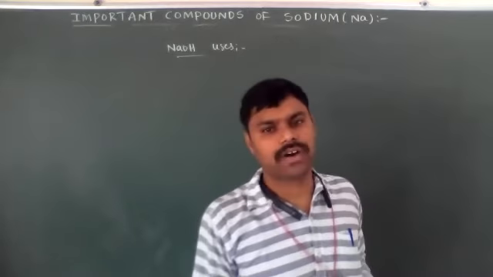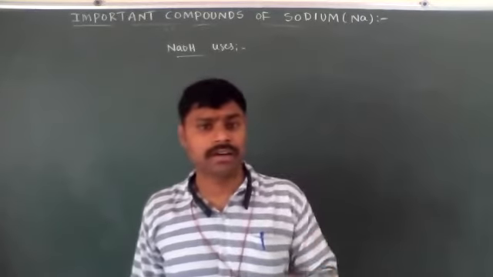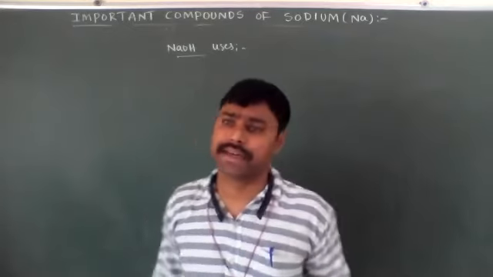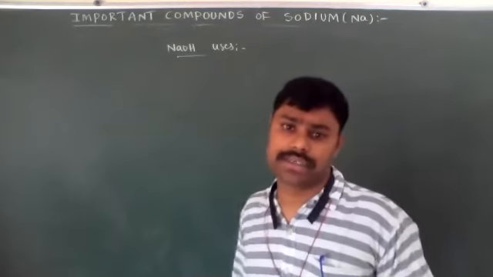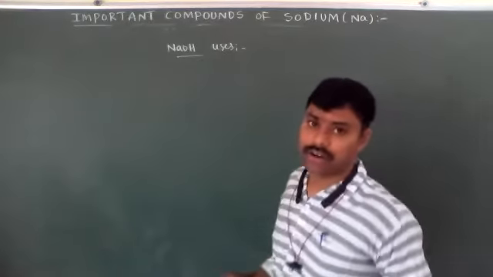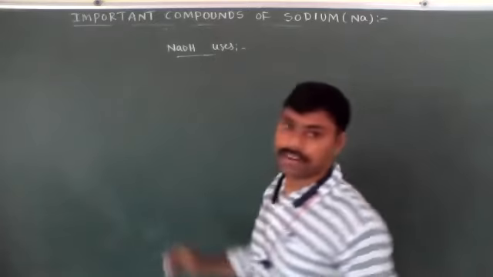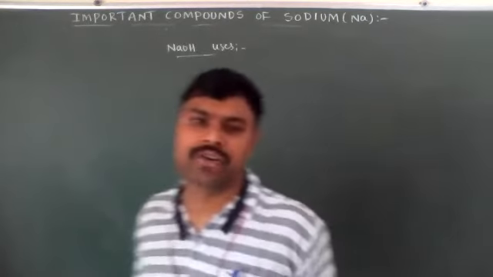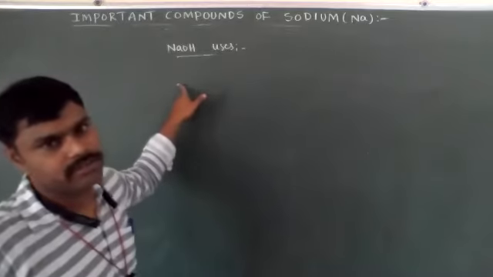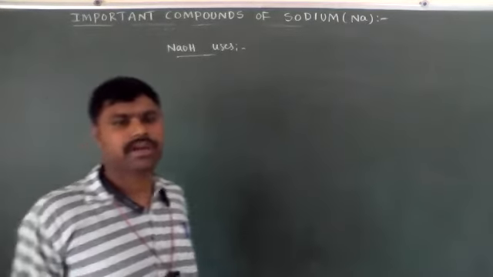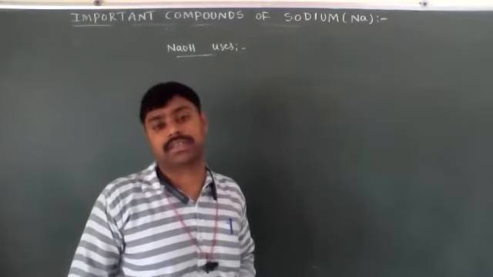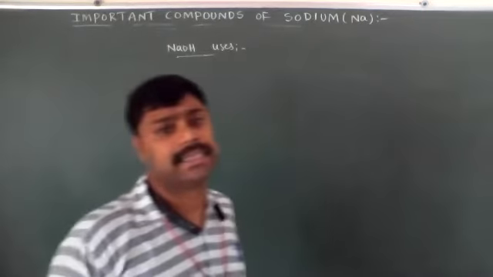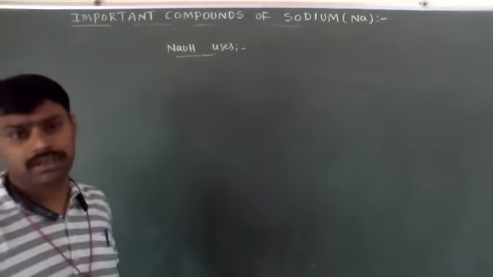It is mainly used for making soaps, and in textile industries and paper industries. We also use sodium hydroxide in the refining of petroleum, in petroleum industries. So these are the main important uses of NaOH. Okay students, NaOH is also used for bleaching of textiles in textile industries.